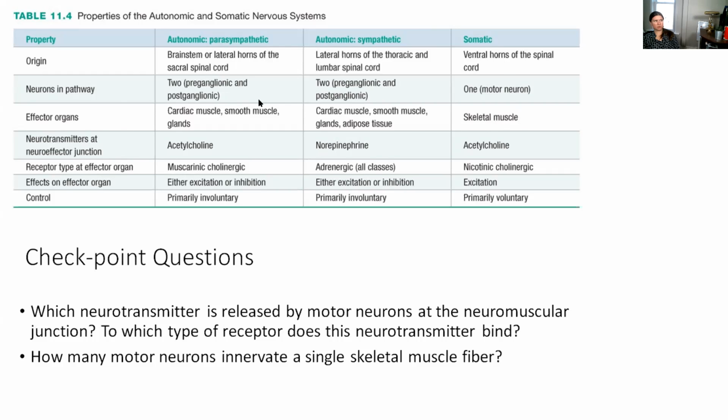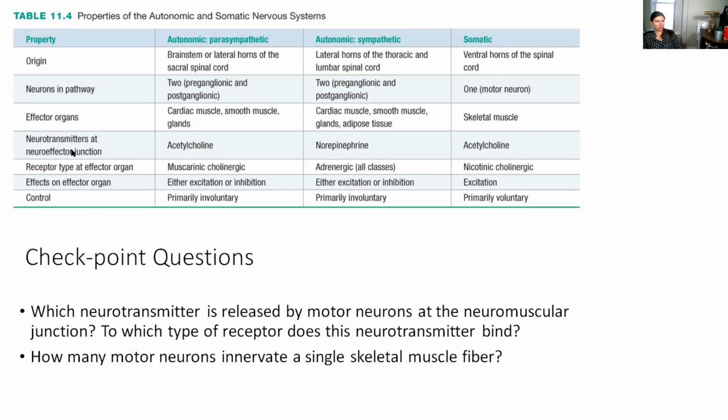Our effector organs for parasympathetics and sympathetics are cardiac muscle, smooth muscle, and various types of glands. In the case of sympathetics, this includes adipose tissue, which we saw was often an exception to the rule. Okay. So the neurotransmitters occurring at the neuroeffector junction. When we say neuroeffector junction, for our somatic nervous system, we've just been talking about the neuromuscular junction between the nerve and the muscle.